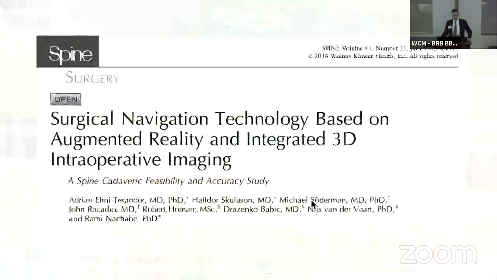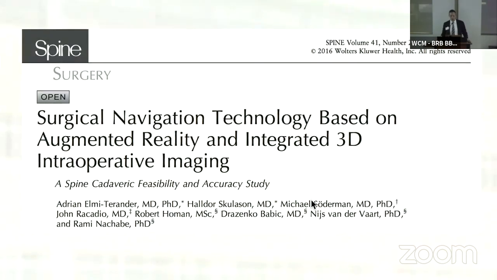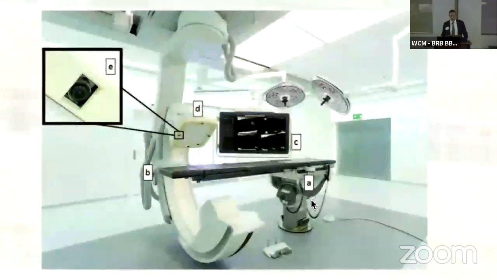I think Dr. Elmi Terander is here at this meeting. He will, I think, talk about this more tomorrow, but they've published on the use of this remote image display for augmented reality using a Philips system that has a C-arm with cone beam CT capabilities in a 2D and a 3D plane.